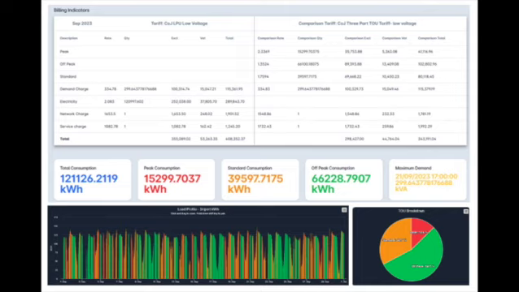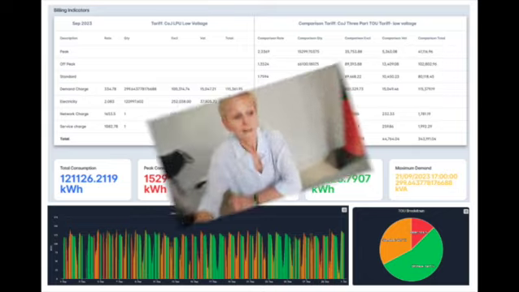And it shows you from a time of use tariff exactly how many kilowatt hours you are consuming at what time of day. So your total consumption, peak, standard, and off-peak, and also what your peak demand is. From a behavioral point of view, it shows whether you should change your behavior or not, where your peak consumption is.